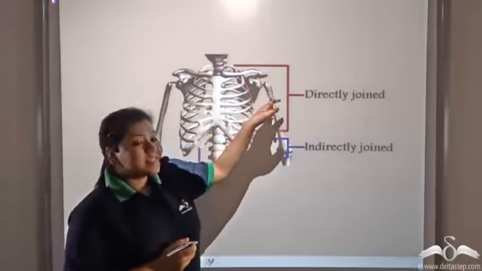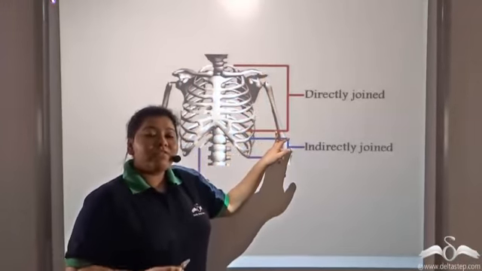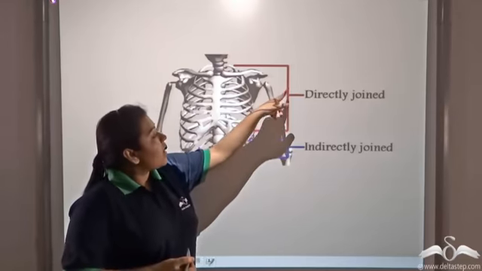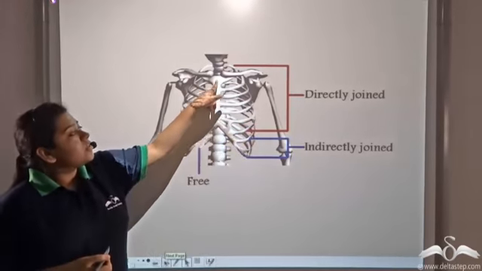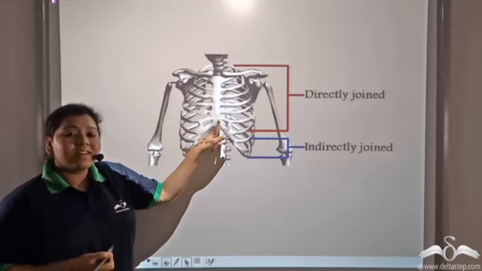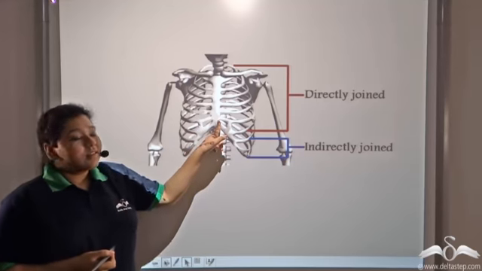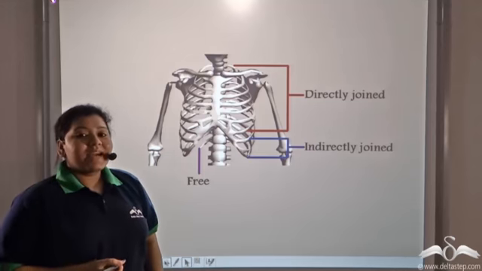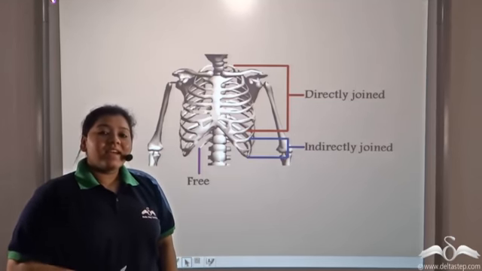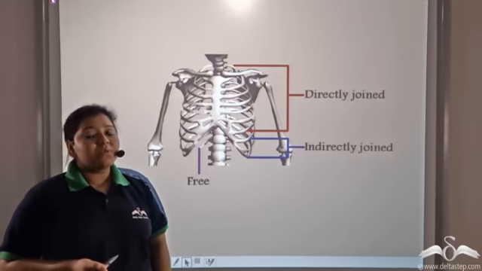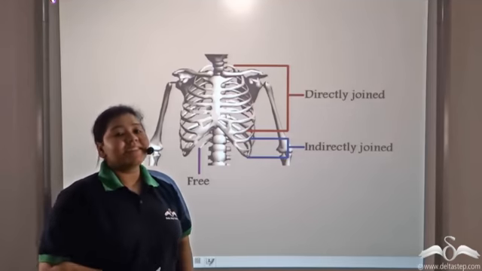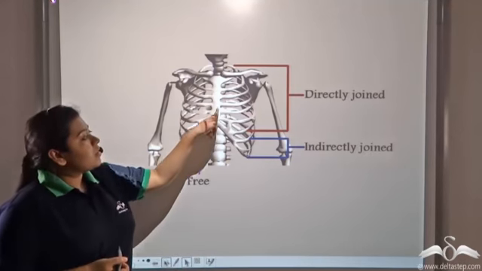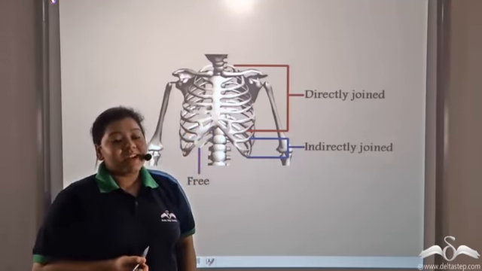Now, the first 7 pairs of the 12 pairs of rib bones are directly attached to the breastbone, or the sternum, in front. But the next 3 pairs of rib bones, that is the 8th, 9th and the 10th pair, are not directly attached to the sternum, but are indirectly attached.